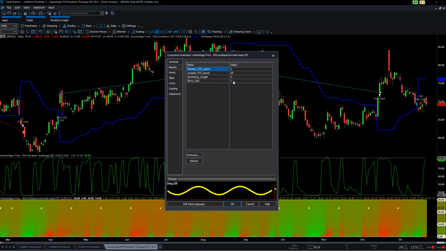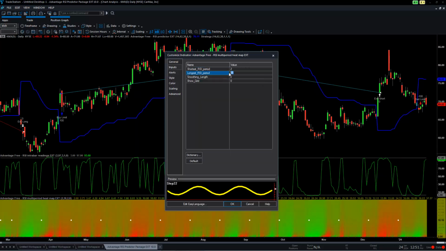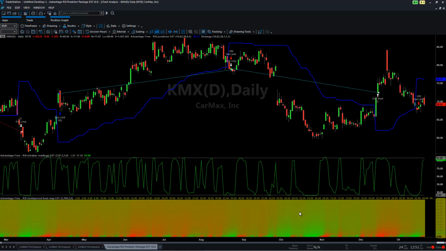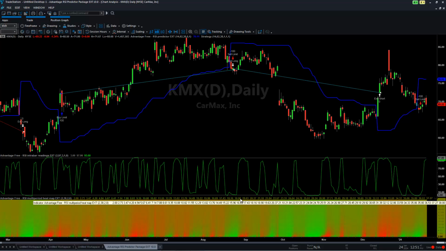You can smooth it, you can show the grid or turn it off, or maybe go to a 100 period RSI. It will look a little different. I think that 38 is the default, and it's working pretty good.